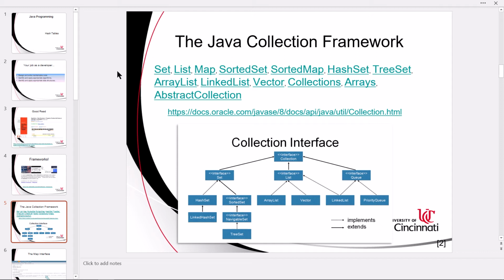That's a bad deal. It's a good experience in a vacuum, but it's a bad deal at work because you spent time that you could have spent on something more productive. Become conversant, become literate in the Java collection framework, and that is time well invested.